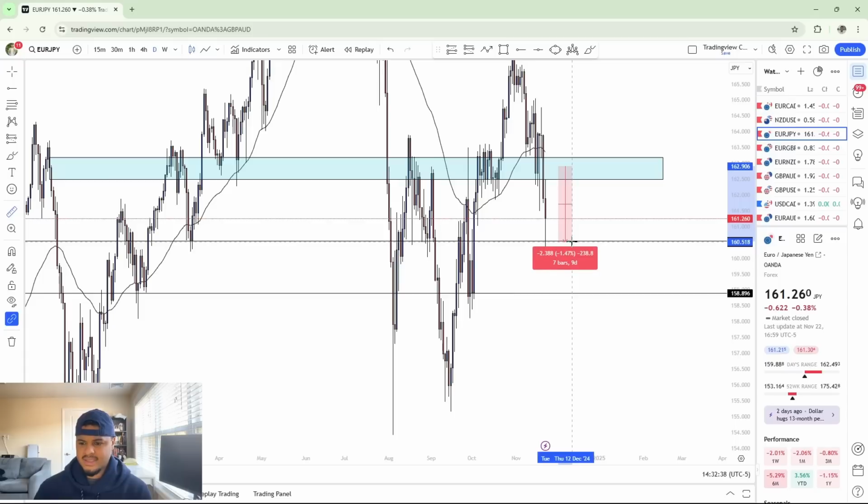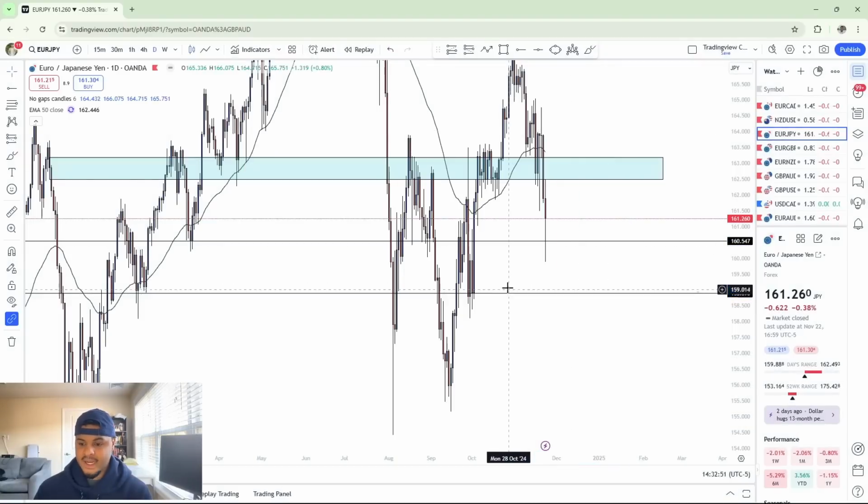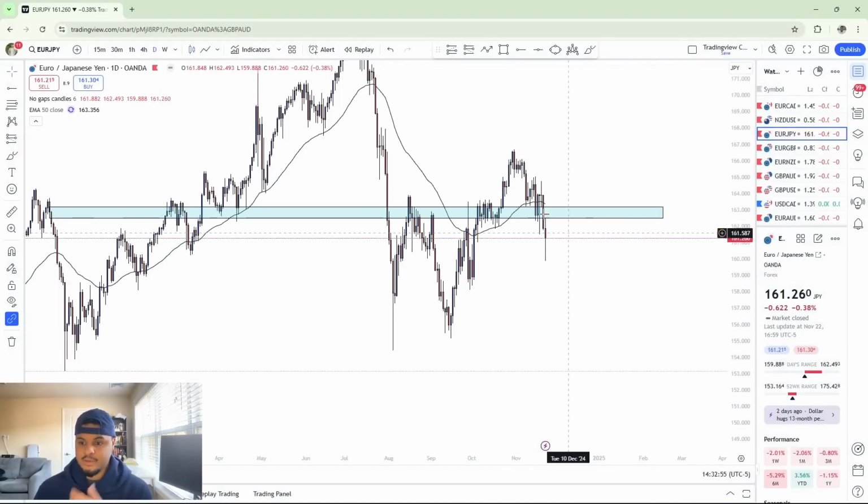Damn, this is 238 pips. So yeah, somewhere around this area first, and then like I said, if it wants to get really crazy, 402 pips, but I don't think it'll reach down there. But I do like Euro JPY a lot. It's just very clean, very simple. EMA is retesting it. I think it could work this week.